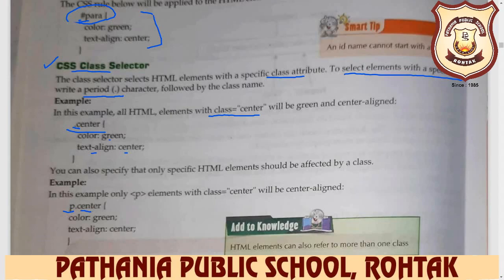In this case, only P elements will be of class center. Now only paragraphs of that class will be centered, and your color is green and your text align is also centered. HTML can also refer to more than one class. In one document, you can write multiple classes also.